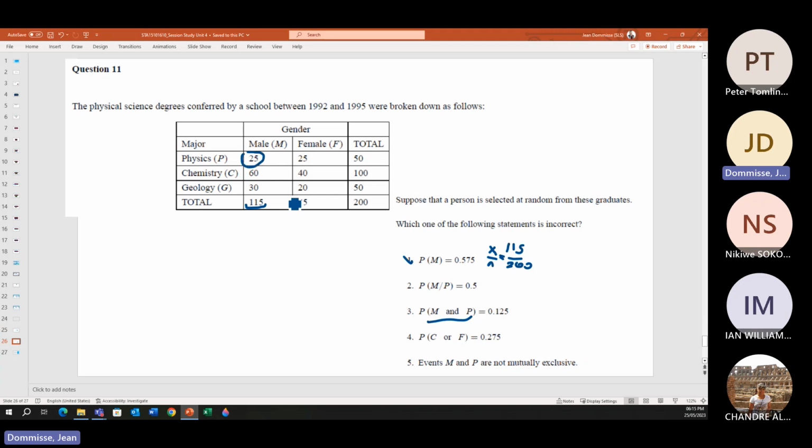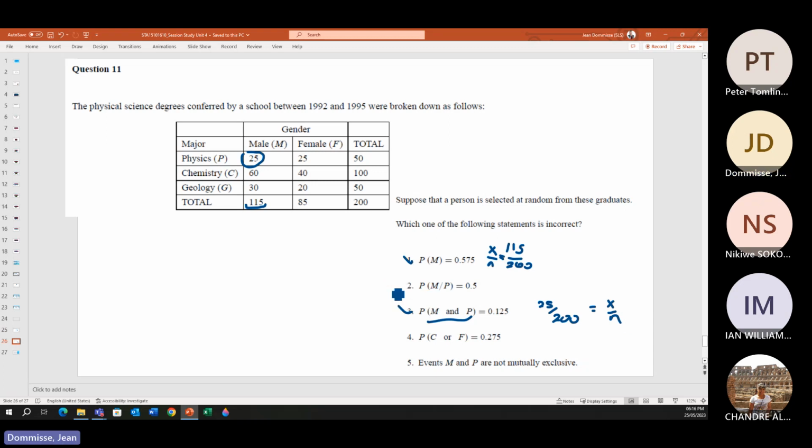So that is 25. So 25 divided by 200 supposed to give you that answer. So 25 divided by 200 is 0.125, which is correct. So again, we just took the x divided by n for that.